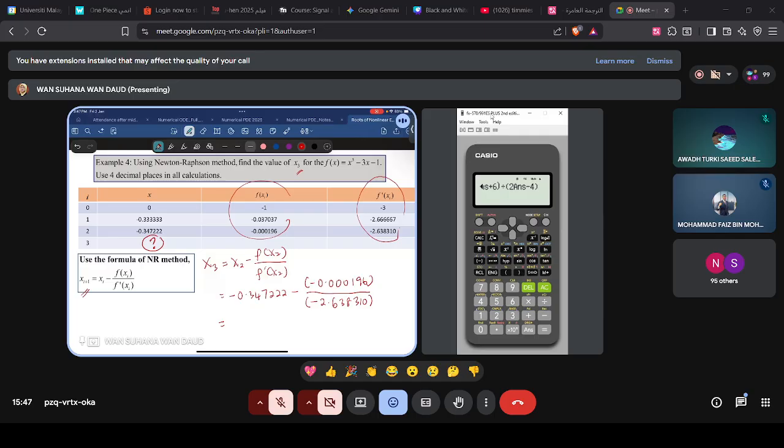So in this case, what do you get, right? You should get, class, please calculate for me what you should get here. Anyone can please calculate for me what is the value that you should have here?